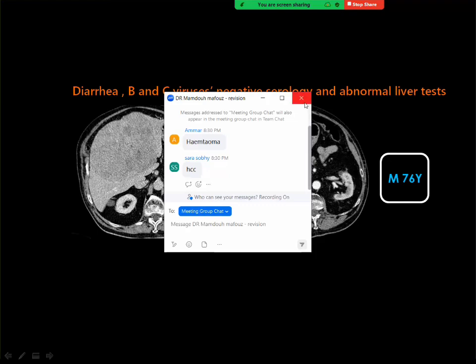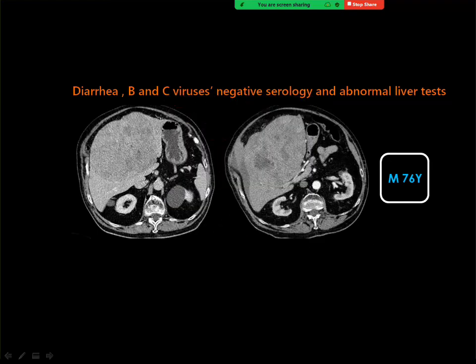Yes, and this is the hepatocellular carcinoma, of course, a huge solid mass in the liver which is cirrhotic, and post-biopsy hemorrhage in the peritoneal cavity. And this is one of the complications of biopsies from the liver.